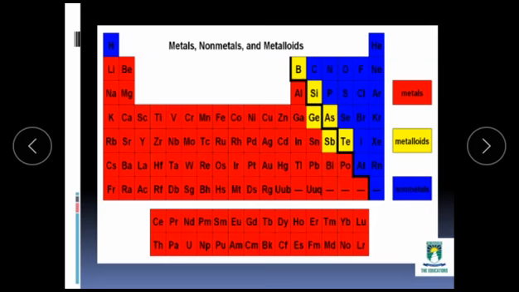So when we move from left to right in the periodic table, metallic character decreases and nonmetallic character increases. Here you can see that these yellow boxes show the elements. These are metalloids. So metals occupy the left position in the periodic table. Nonmetals occupy the right position in the periodic table, and metalloids are present between metals and nonmetals. Clear?